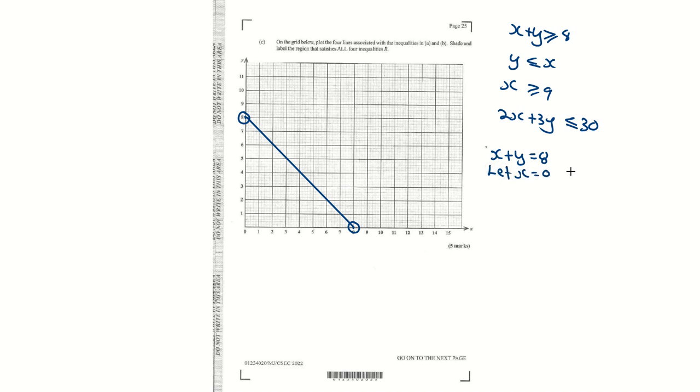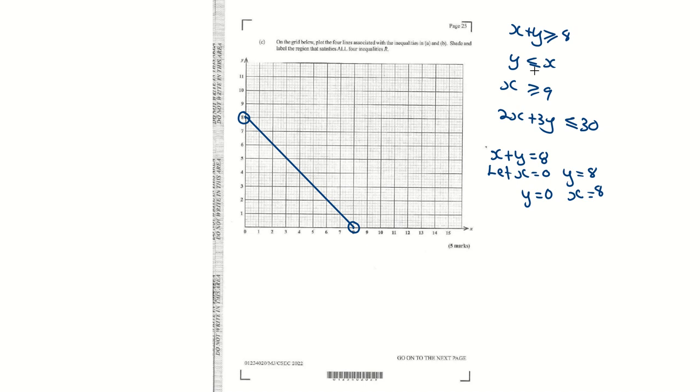If you let x be 0, then y is going to be 8. And when y is equal to 0, x is equal to 8. Everyone understands? If you substitute 0 for x, you'll get y is equal to 8, and if you substitute y equal to 0, you'll get x is equal to 8. Do you understand how we got the 2 points so far?